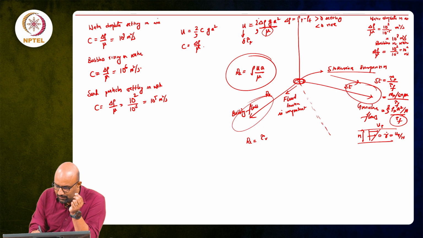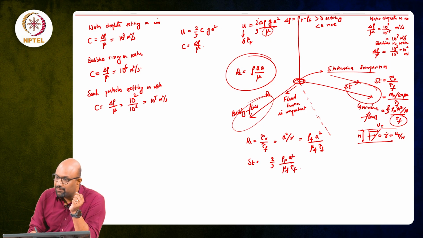Reynolds number is the viscous time scale by the flow time scale, right? What is the viscous time scale? The viscous time scale is a squared by nu, or rho fluid a squared by mu fluid, tau f. What is the Stokes number? There is obviously a factor that I have written down, but it is rho p a squared by mu fluid, tau f.